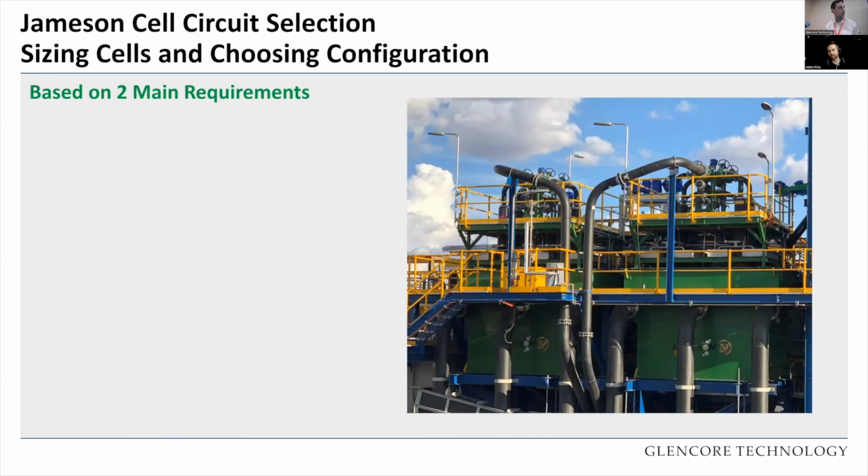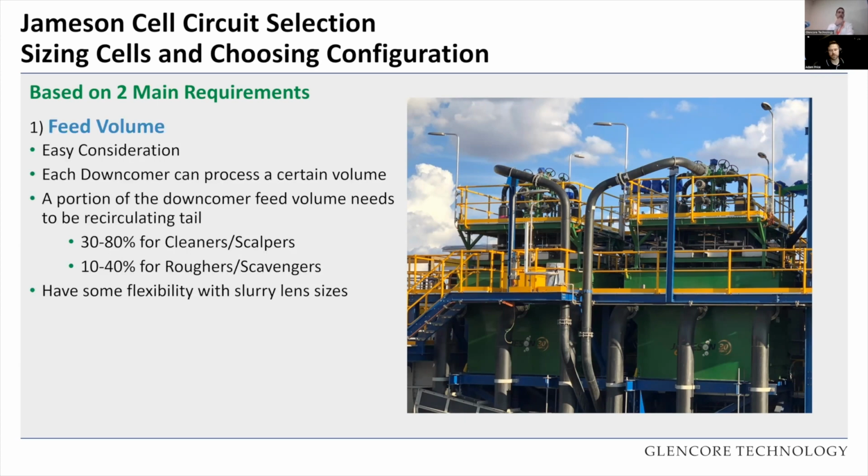So when it comes to sizing the cells, in reality, it's simply based on two key requirements. The first of these is the feed volume to the cell. And again, this is where it's important that we look at maximum or design scenarios for the feed volume.